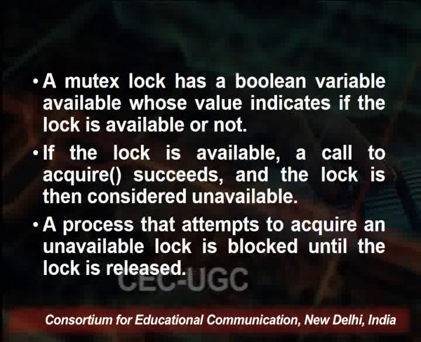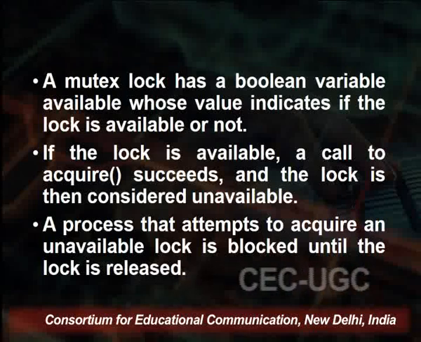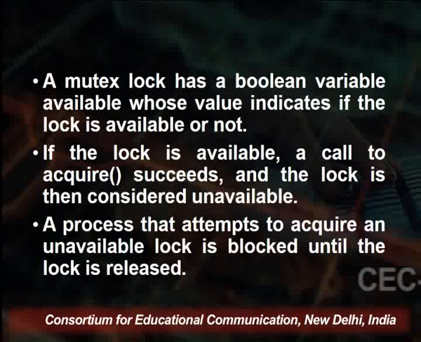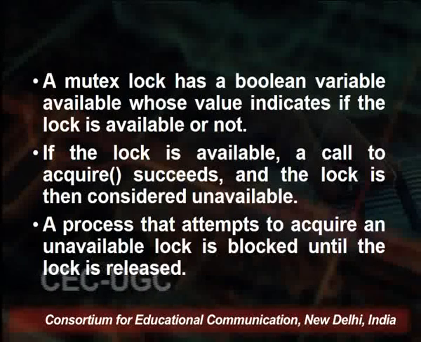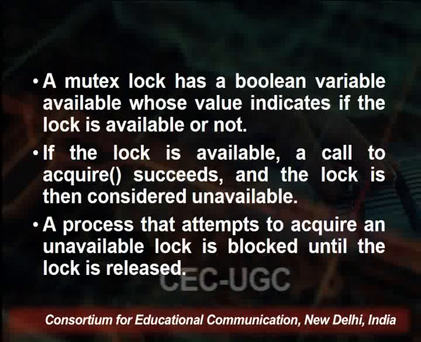The lock is considered unavailable when the call to acquire fails, and a process that attempts to acquire an unavailable lock is blocked until the lock is released. So that process has to wait.